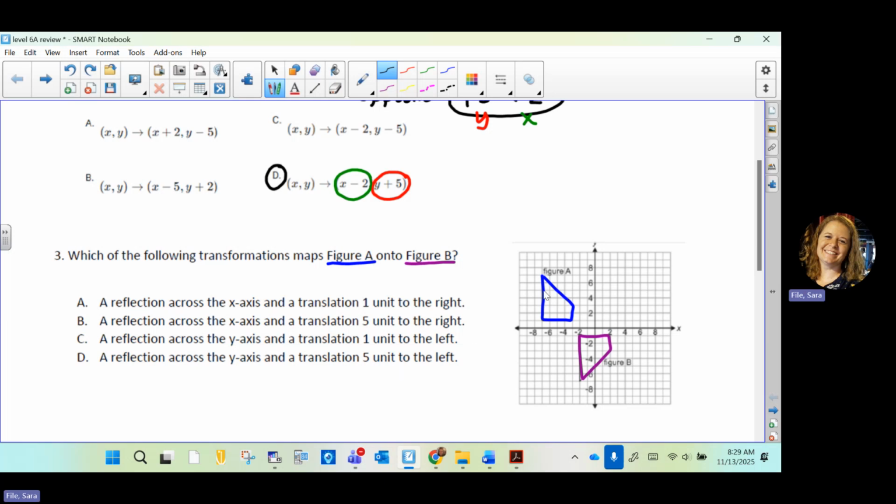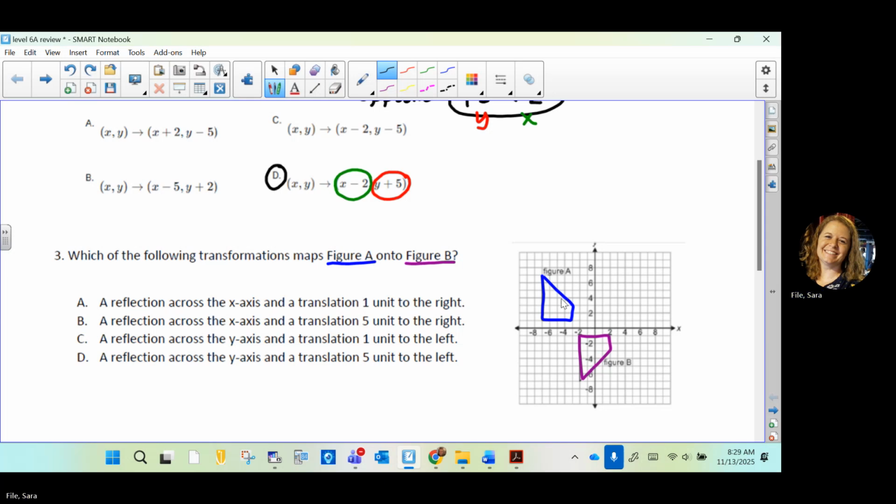You could visualize this in your head. Some of you are better at doing that. If I reflect this across the x-axis, it comes upside down and it makes this purple shape, but it's over here. So I would reflect it down and then slide it to the right.